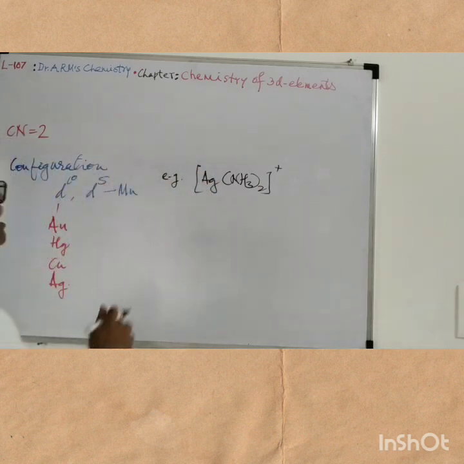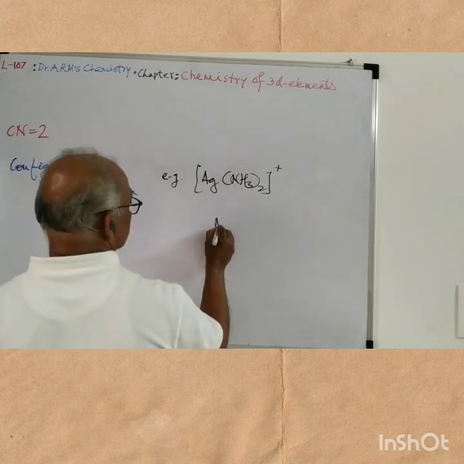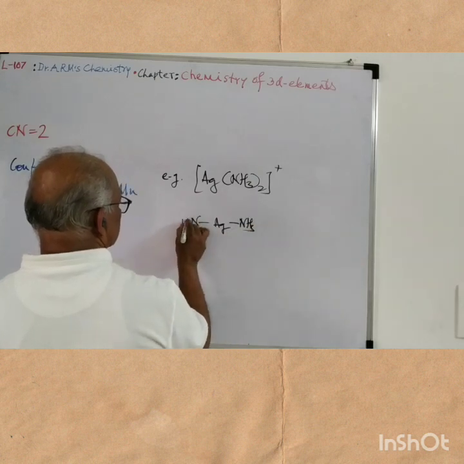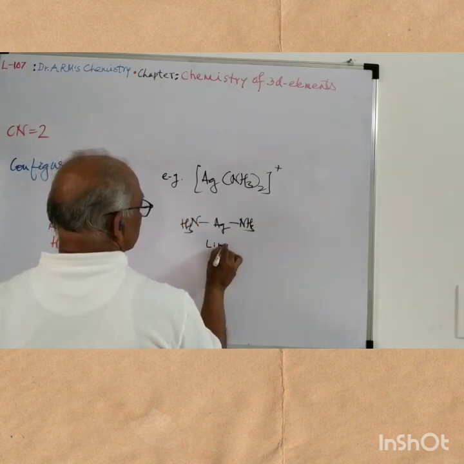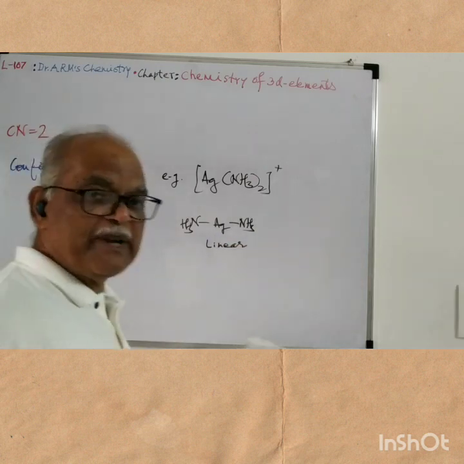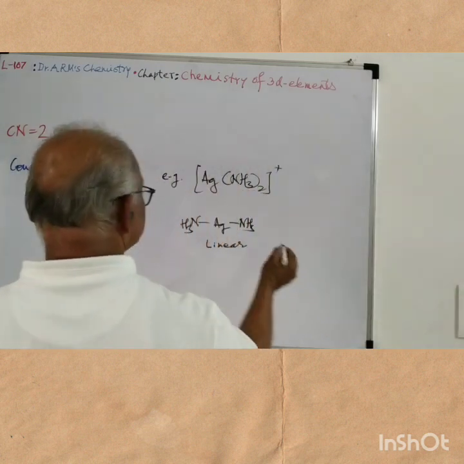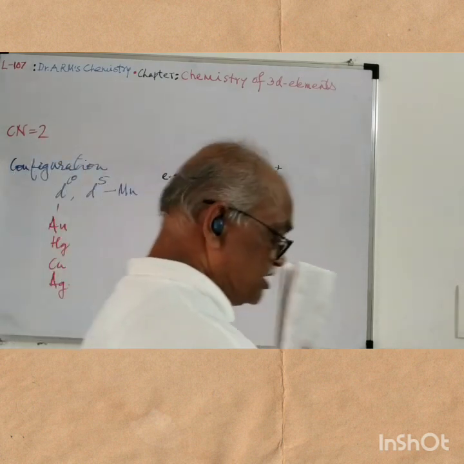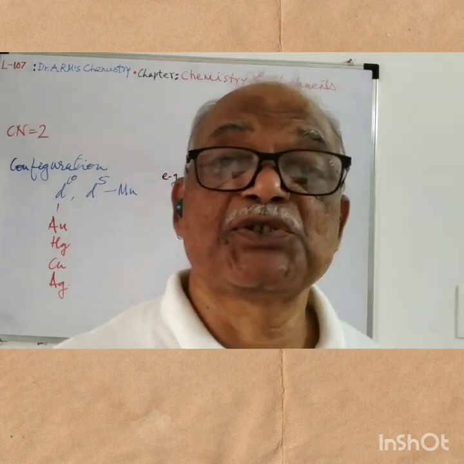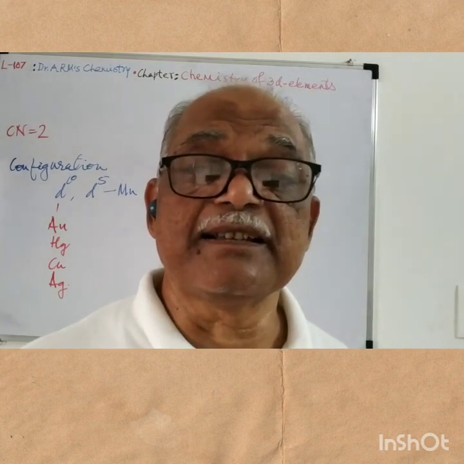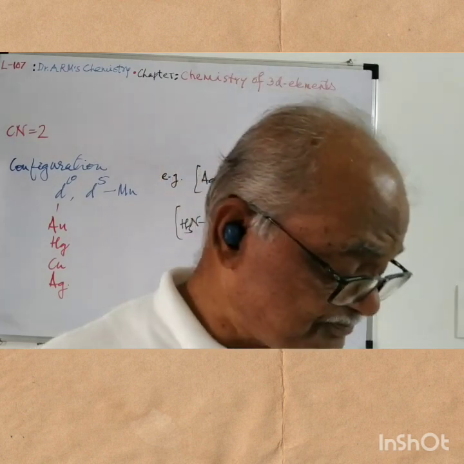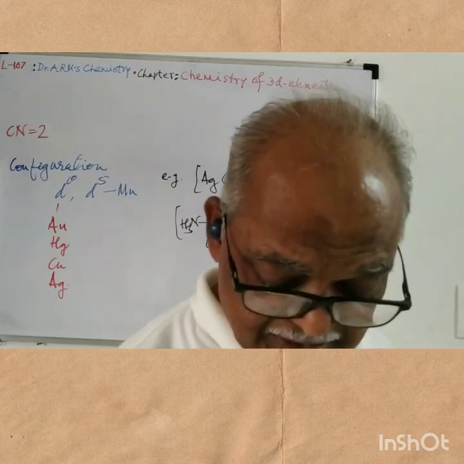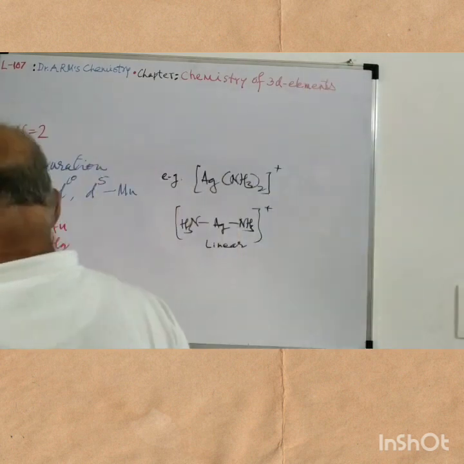This has a linear structure like this. So when the coordination number is 2, the complexes exhibit linear structure.